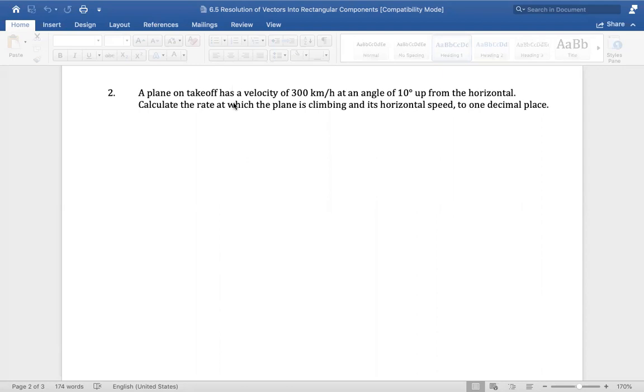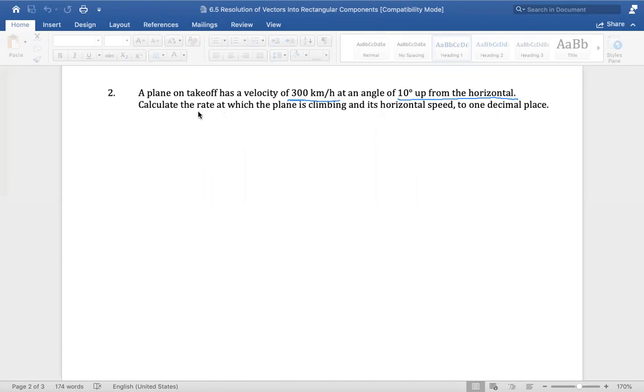Plane is taking off. Here I have my 300 kilometers per hour, my magnitude, and my 10 degrees up from the horizontal is my direction. This whole note is about vertical and horizontal components, so what do you think?